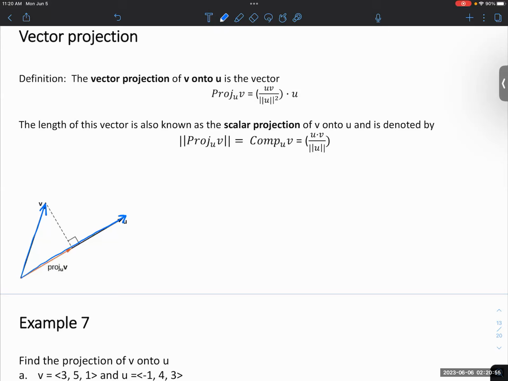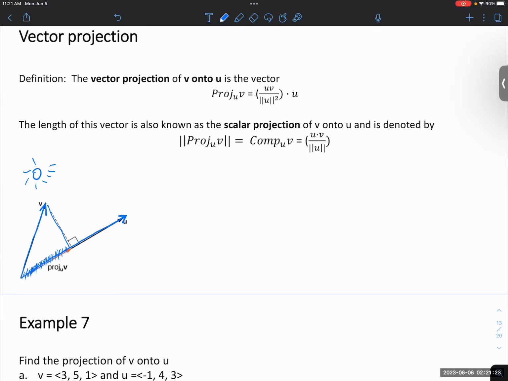Let's imagine a real life situation. You have sunshine right there, and then you have a big tree here. Because of the tree, you will find the shadow, which is here. This is not covering the entire u vector. The u vector is longer. I'm only looking for this length, which is the shadow of the tree.